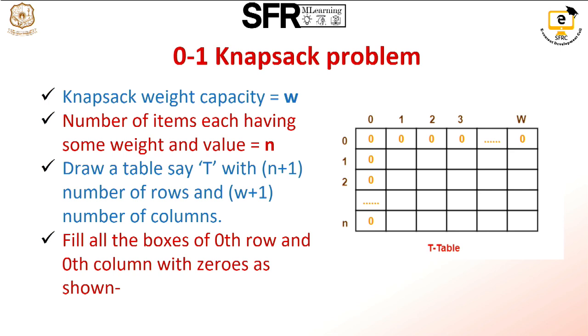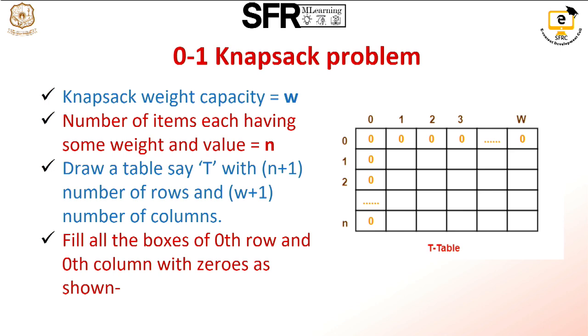Let us have an initial table T whose columns are weights and whose rows are the items with weight and profit value. Here we can fill the cells in the table. We have to fill the cells with the value of an item whose weight is less than or equal to the capacity of the knapsack.